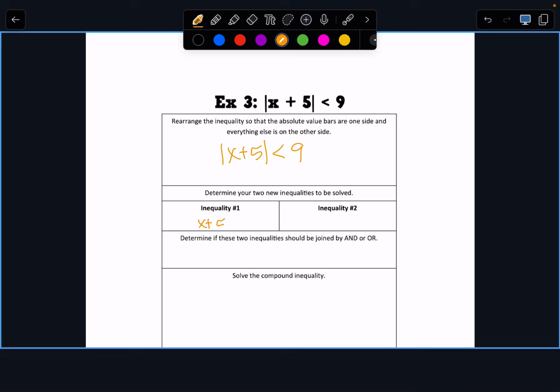X plus 5 is less than 9. X plus 5, switch the sign to greater. Switch the sign to negative 9. If this is an absolute value less than 9, it's going to be an and.